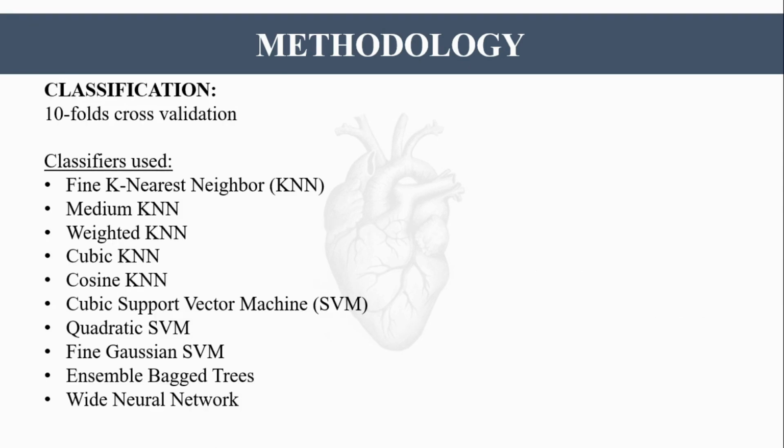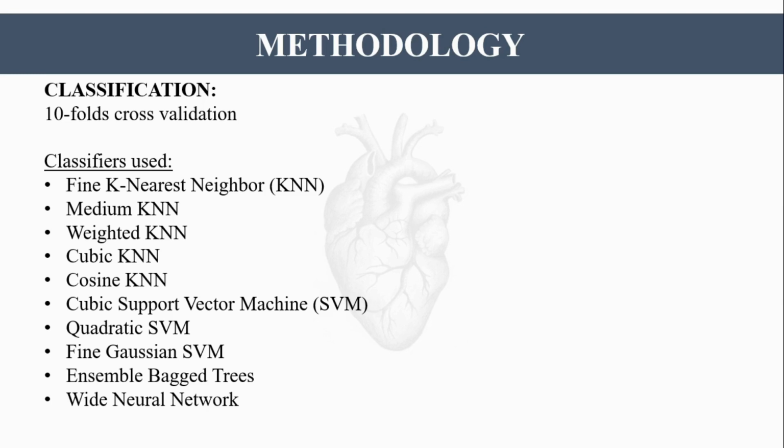The last step is classification. We have used the tenfold cross-validation approach, which is a common practice in machine learning. It splits the data set into 10 subsets, using 9 for training and 1 for testing.